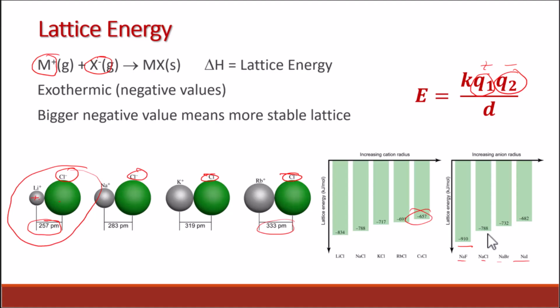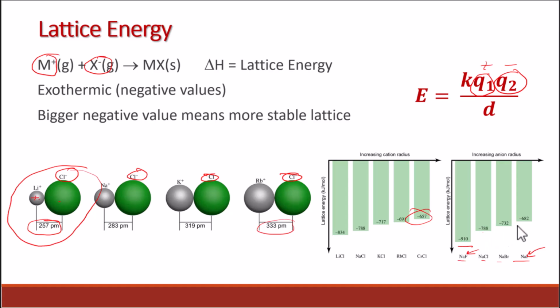The halide is a little bit larger next, and so the lattice energy is becoming less negative, meaning it's weaker. It's not as high a lattice energy. And then minus 732, minus 682, because the iodide ion is so much larger than the fluoride ion. And so you have a much lower lattice energy.